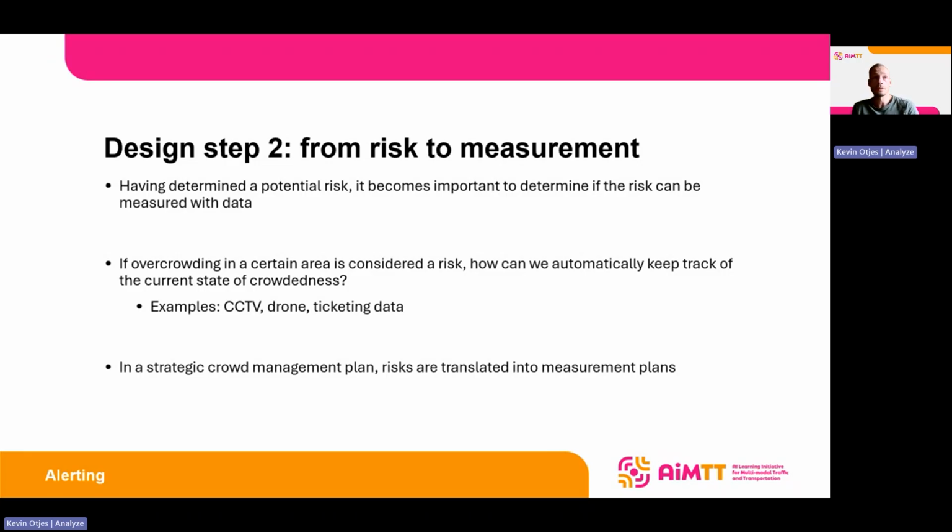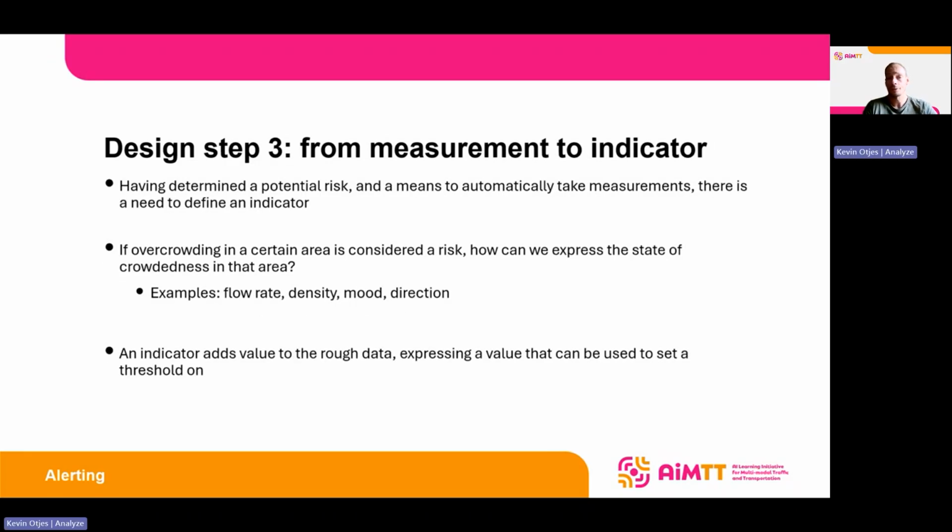But multiple data sources could be used to actually measure one type of risk, because usually data sources are in themselves biased or incomplete, and a combination of data sources tends to help to get a more realistic and holistic image of what you're trying to actually measure. If you're able to gather measurements, then you will still need an indicator.